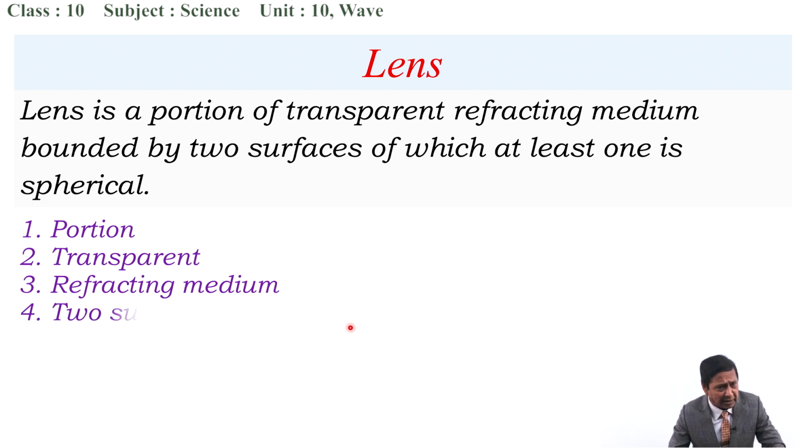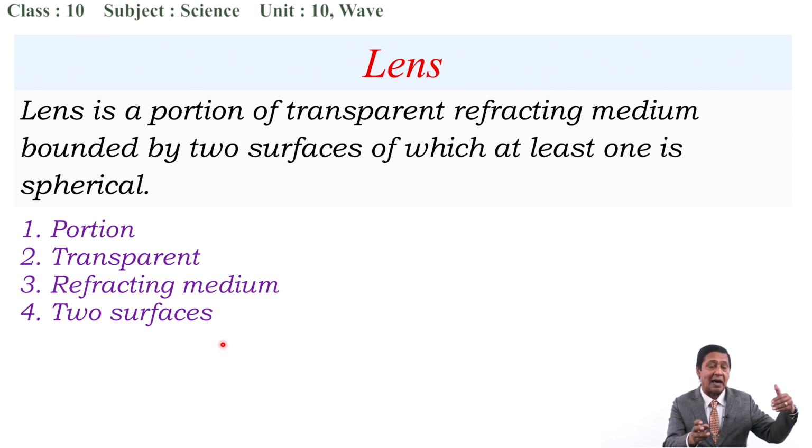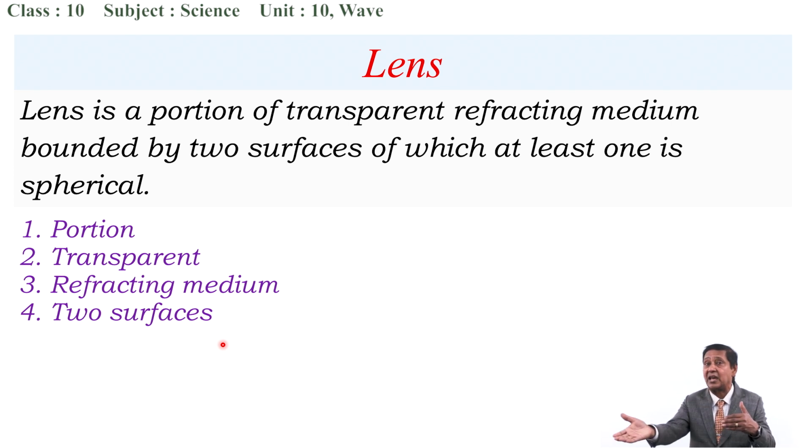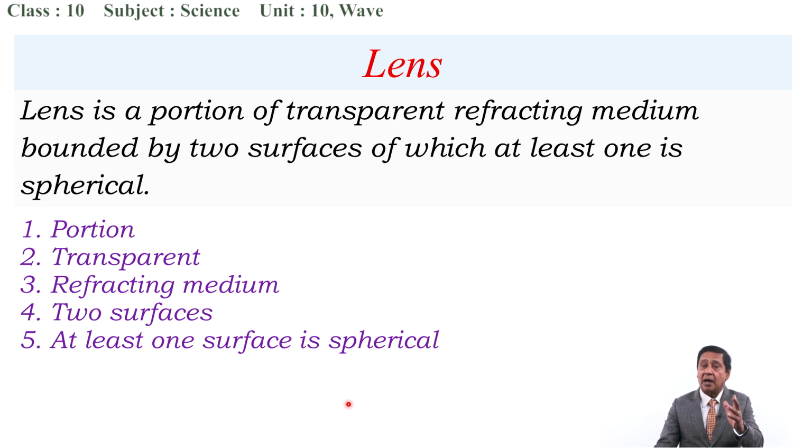Another point, it is bounded by two surfaces. From one surface, light enters, from another surface, light comes out. That's why it is bounded by two surfaces. And lastly, you have to remember that out of these two surfaces, at least one must be spherical, otherwise it wouldn't be a lens.